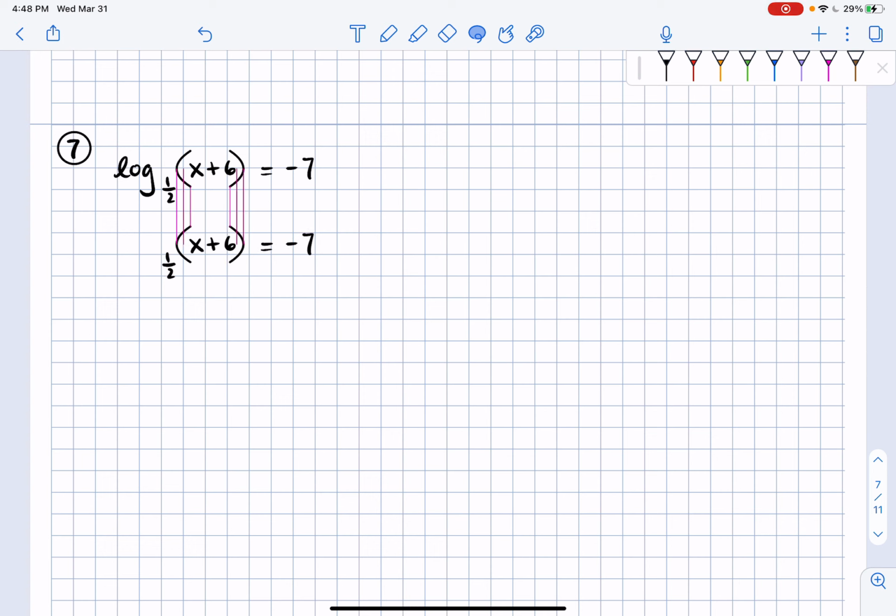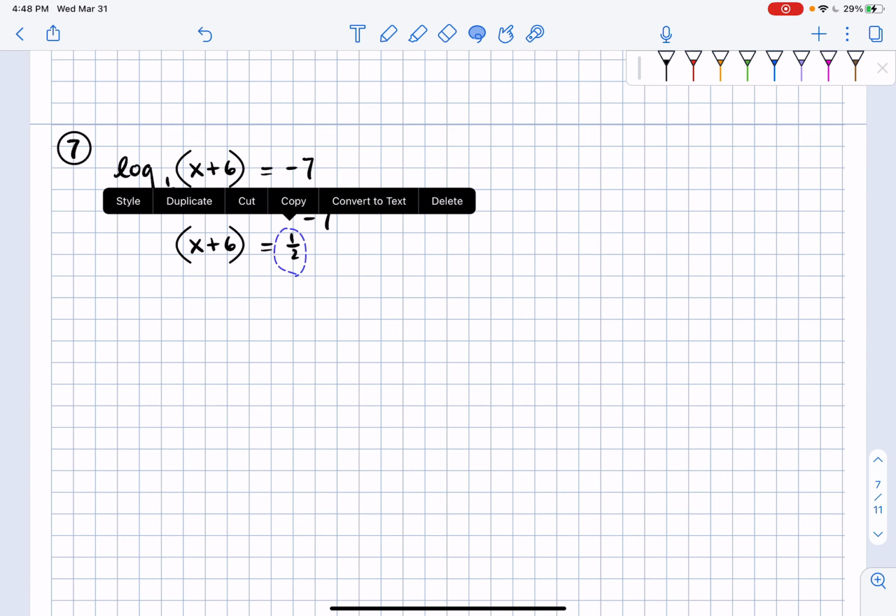I said to you guys before, since this base right here has been spending all this time as the base of a log for the x plus 6, it is now going to be the base for this side here. So can I make this bigger?